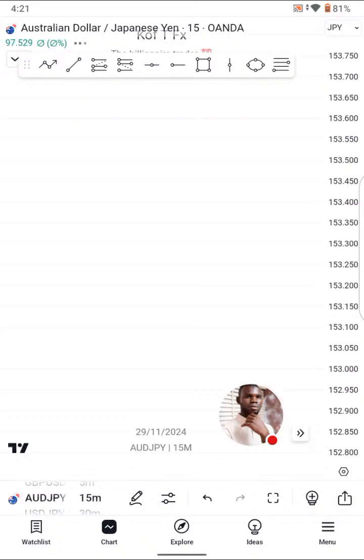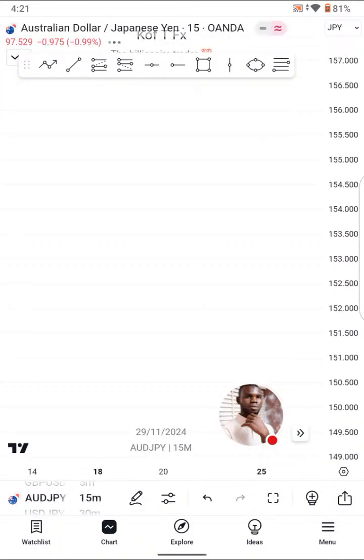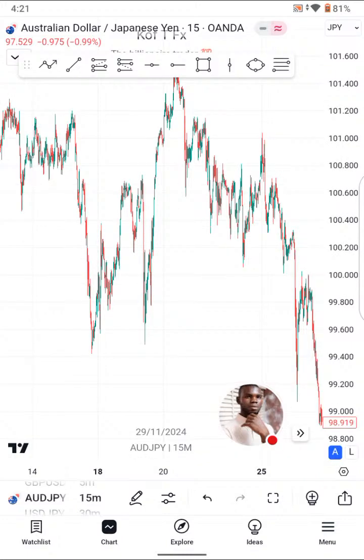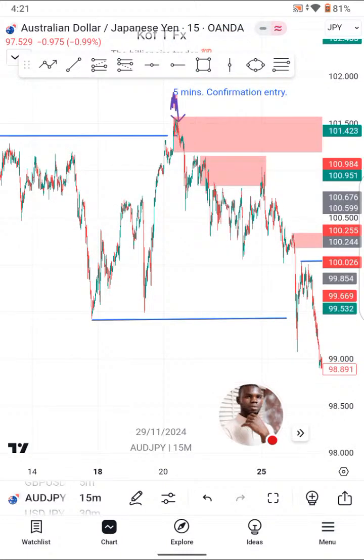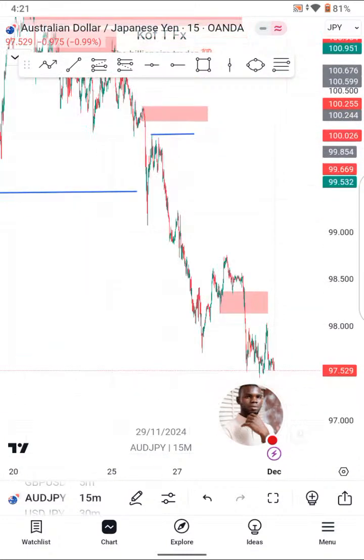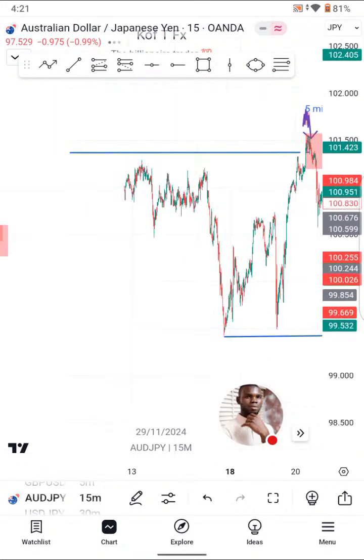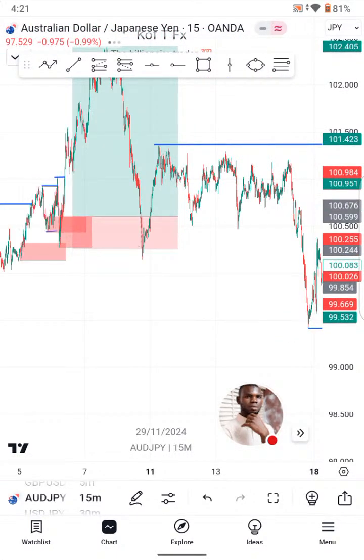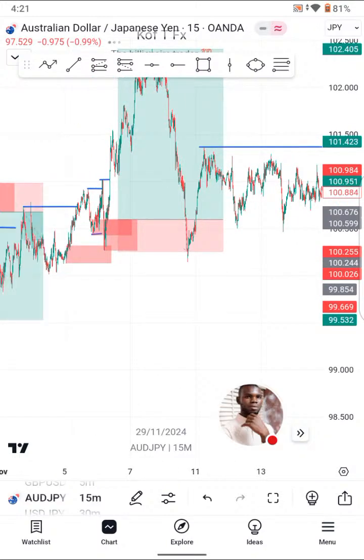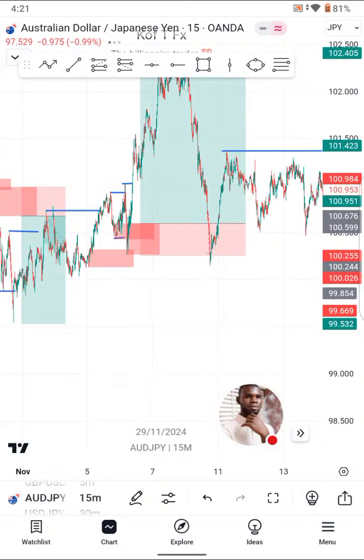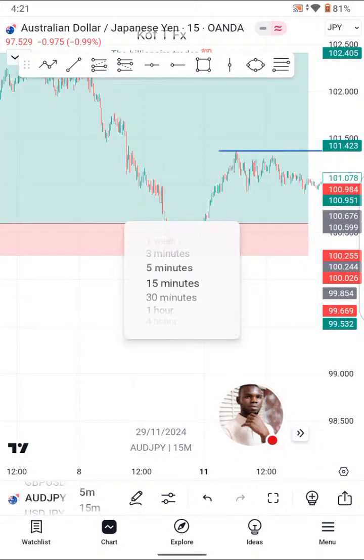I also want to check if it is going to still be the same, even with the confirmation, or if I'm still going to lose the trade. That's what I want to check now. Okay, yeah, this is the trade. So let me just switch to 5 minutes.